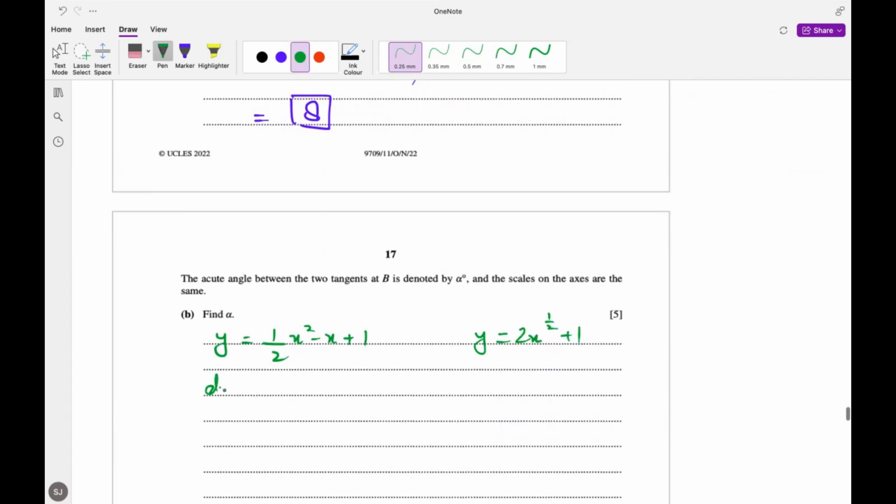First finding the dy/dx, as it will give us the gradient. So dy/dx in this case will be 2x upon 2, which will be x, minus, differentiating x will become 1, and differentiating 1 becomes 0. In differentiating the second equation, multiplying 1 upon 2 by 2 will become a 1, and decreasing the power by 1, this will be x to the power minus 1 upon 2 plus 0.